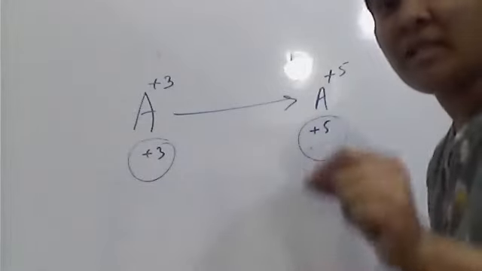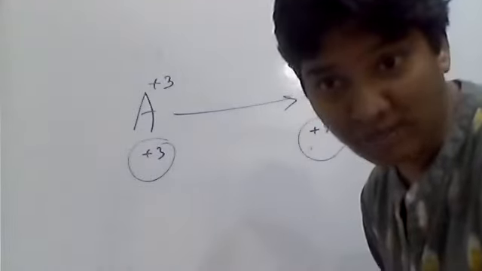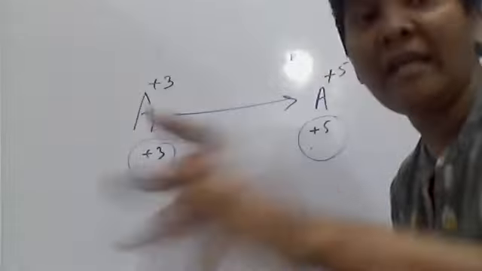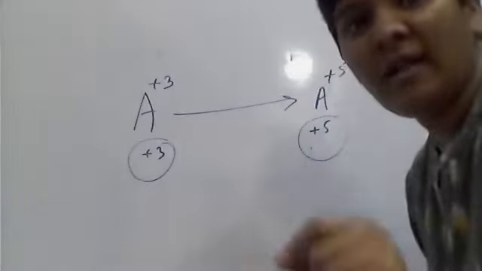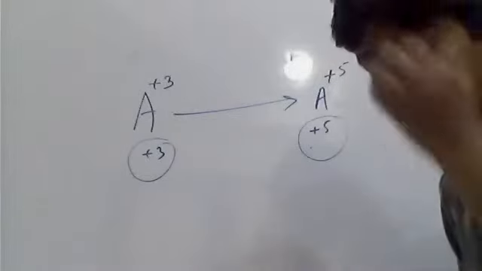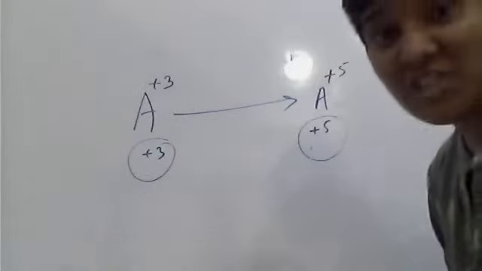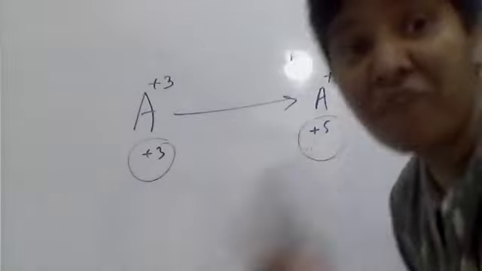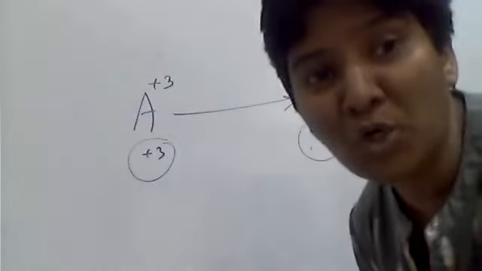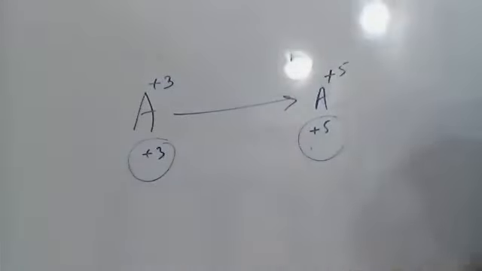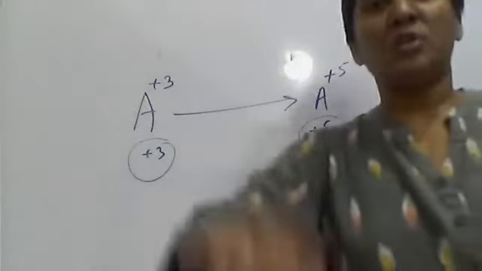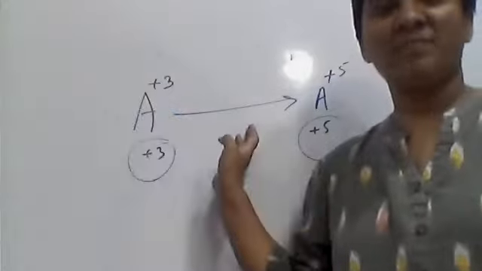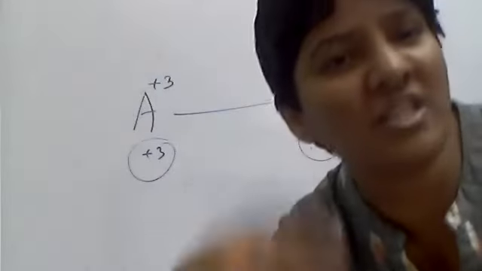The charge is balanced by adding electrons. No proton, no neutron. Always electrons are involved in a reaction. So you have to balance the charge by adding electrons where positive charge is more. Chemistry means play of electrons. When the charge is balanced, the equation is balanced.